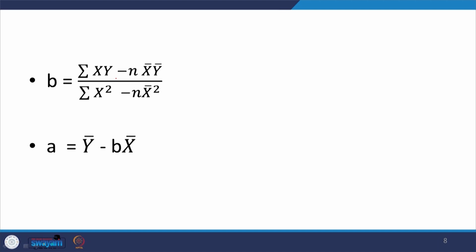The formula to calculate the values of b and a involves sigma x y minus n x bar y bar, where n is the number of observations or periods for which data is available.